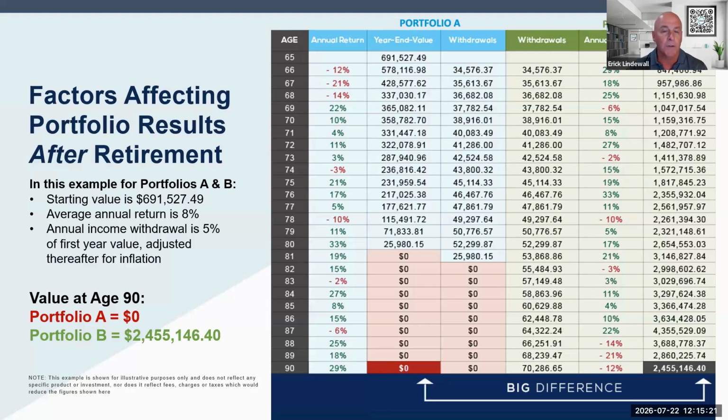So what we want to do is help our clients understand what this risk is. Does understanding the risk automatically solve for it? Absolutely not. There are a lot of solutions that can help mitigate sequence of return risk in a particular client's life. But I'm a huge believer in the following: nobody wants to solve a problem that they don't know exists.